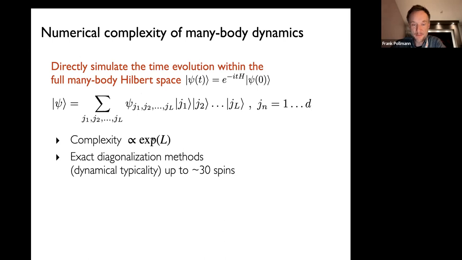So the difficulty of this problem scales exponentially with the system size, and realistically the total number of spins we can consider is of the order of 30 or so. That is often not sufficient, because the time scale or length scale required for a system to locally equilibrate, to go into the hydrodynamic regime, might easily exceed these 30 or so spins. So this method is quite limited because of the size constraints.